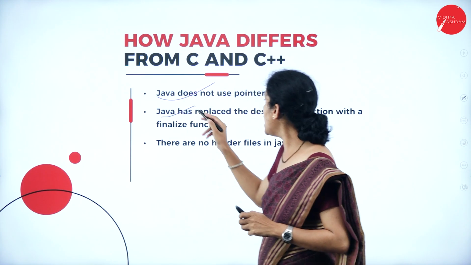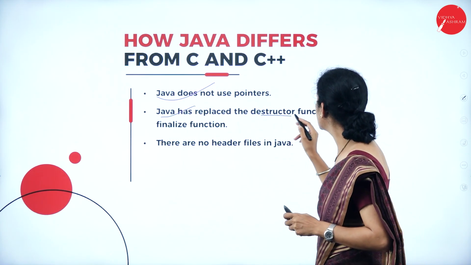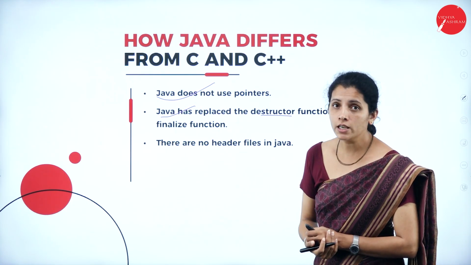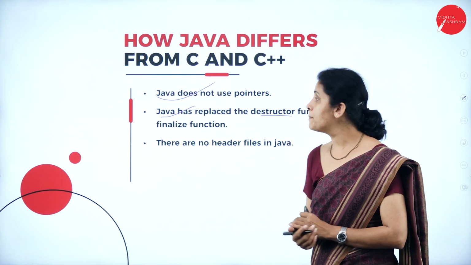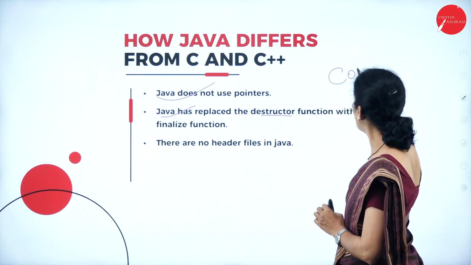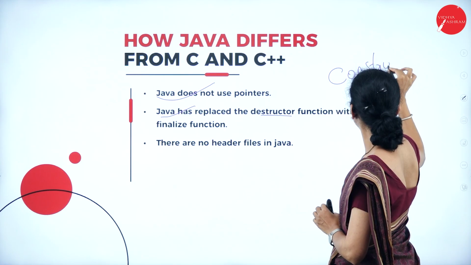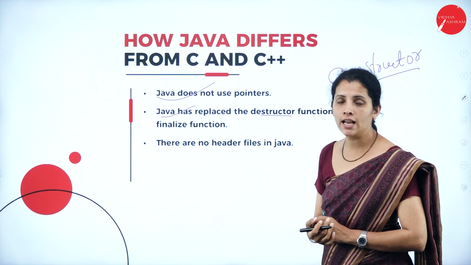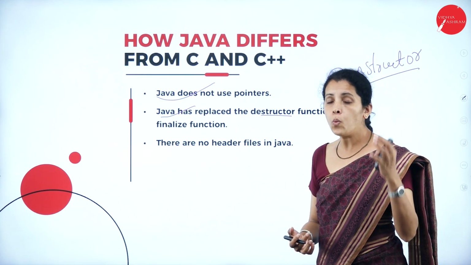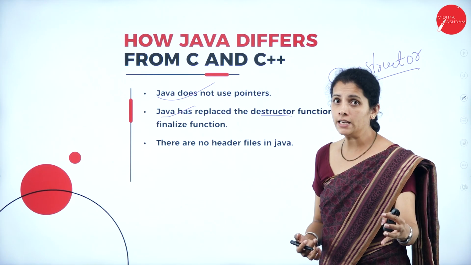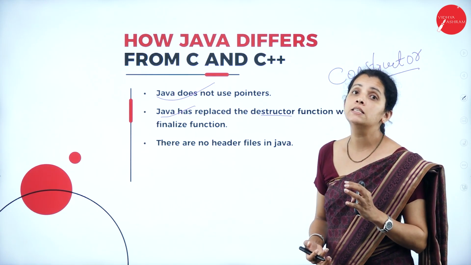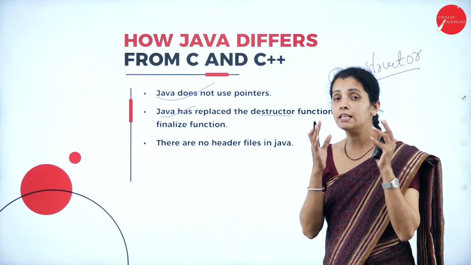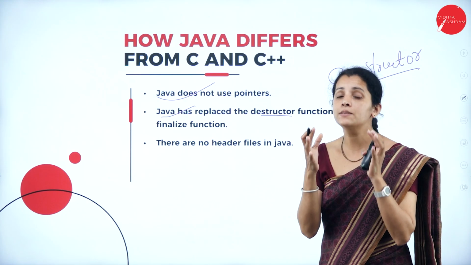Now, Java has replaced the destructor function with a finalizer function. So dear student, in a C++ program, I have the concept called constructor, and this constructor is mainly used to initialize the object. Once I initialize the object, memory is created for that object. Now I want to destroy that object as well as the memory.